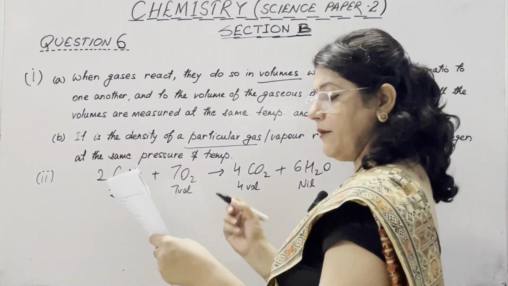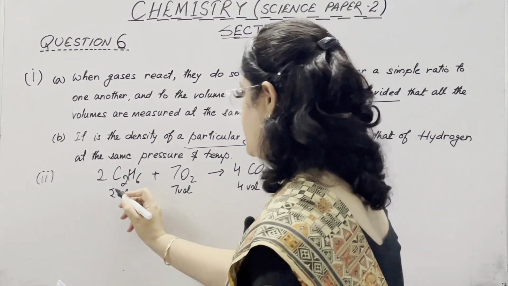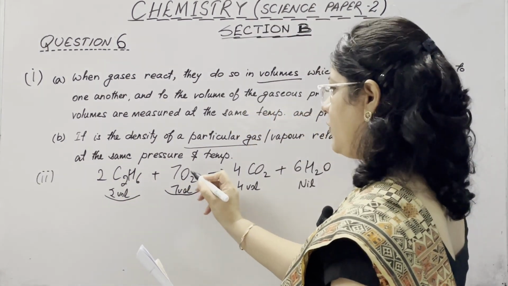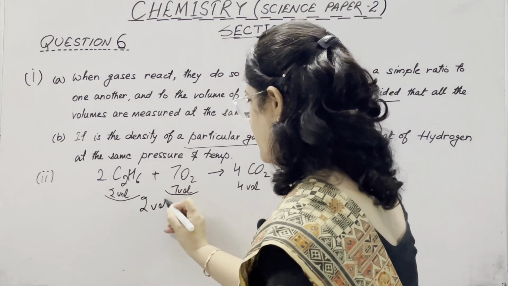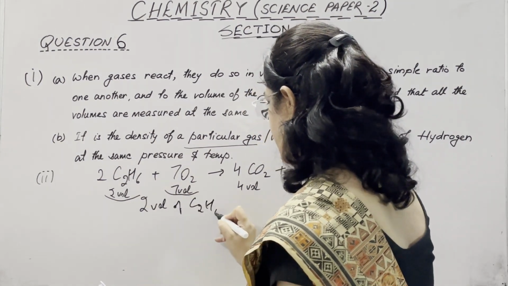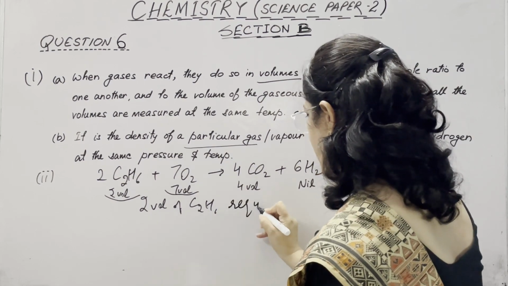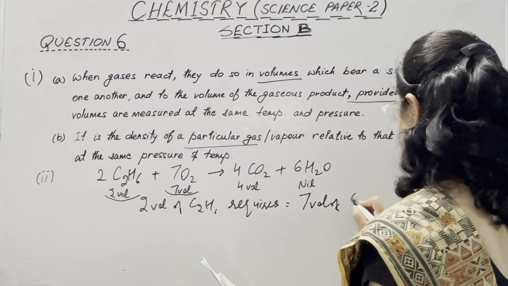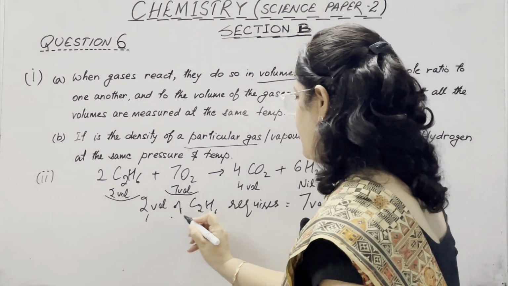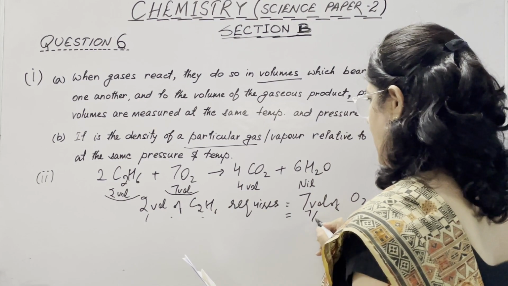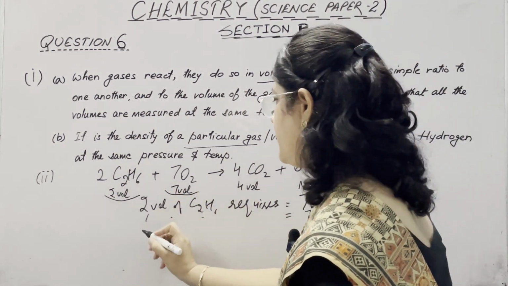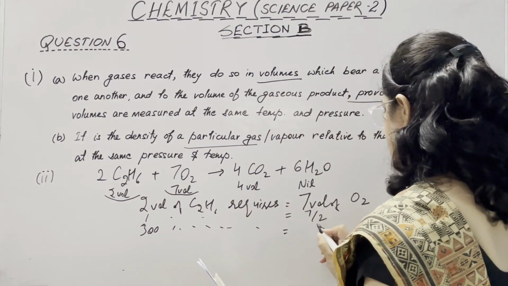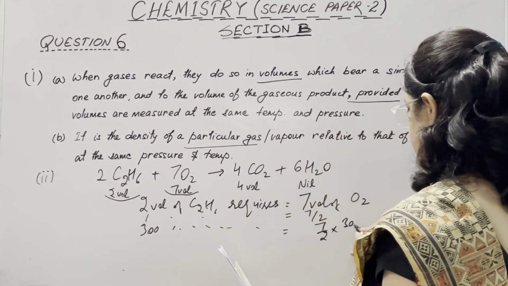In first part, calculate the volume of unused oxygen. We know that 2 volumes of ethane require 7 volumes of oxygen. So 1 volume of ethane requires 7 upon 2, and given volume is 300 cubic centimeter of ethane, which requires 7 upon 2 multiplied by 300.